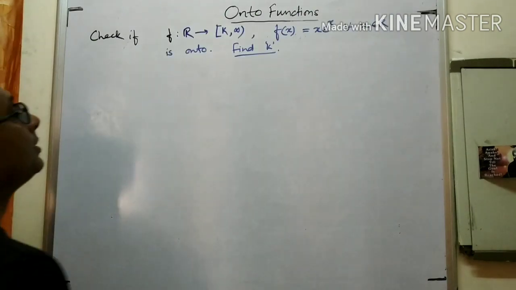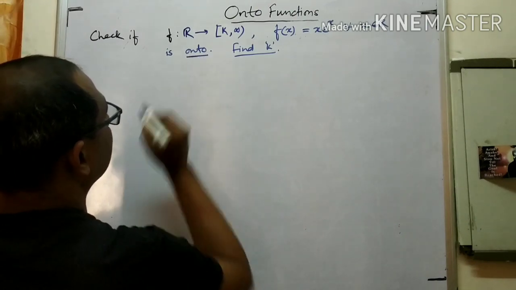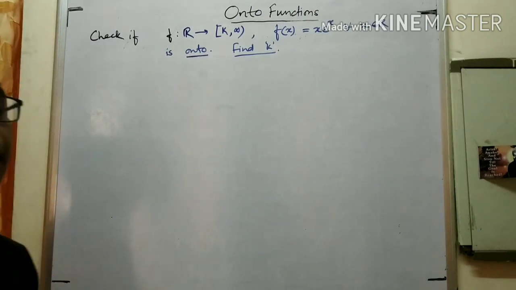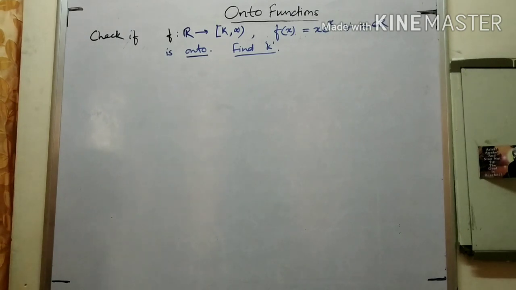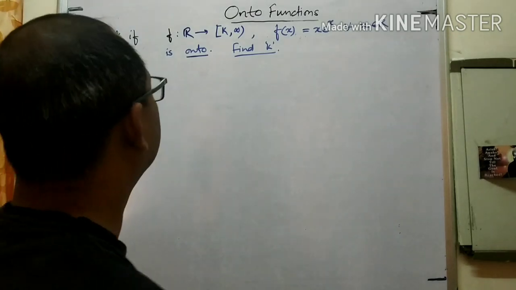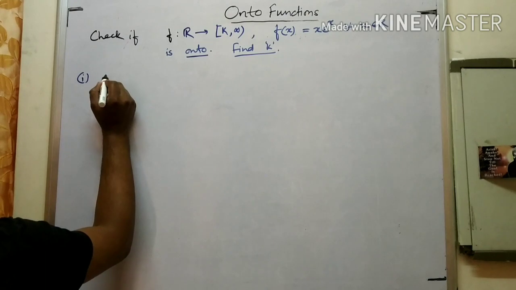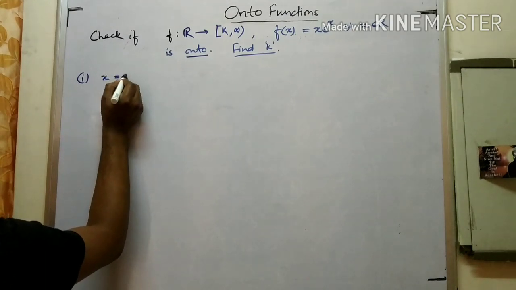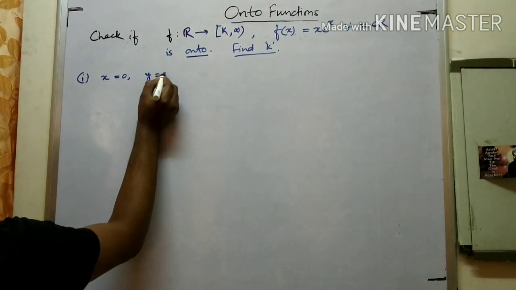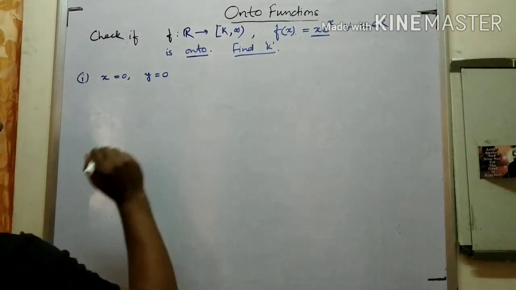It is given to be onto, and we have to get the value of k. So in this question also I am going to take the help of the graph. We'll again find that at x equal to 0, y will be equal to 0, if I consider fx equal to y.